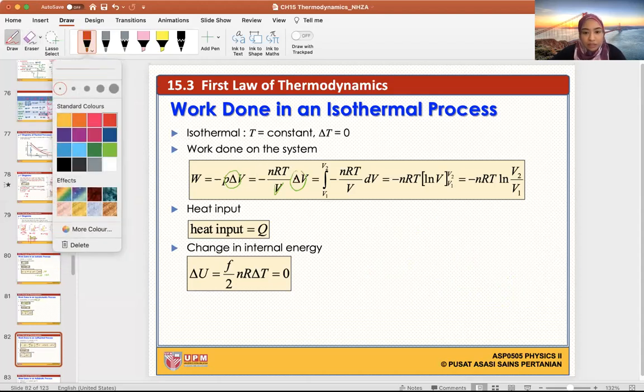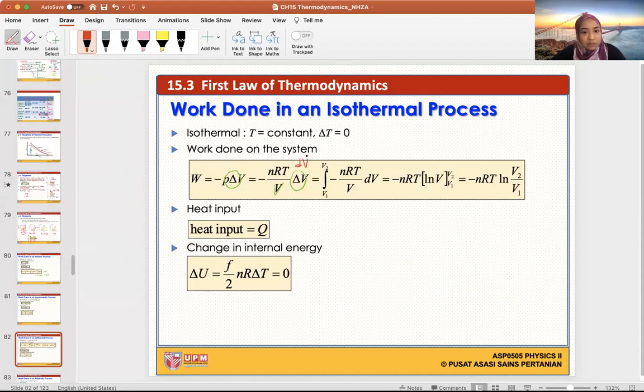So basically they put in the delta V over V, and then delta V can also be dV, which is in integration. So you are basically integrating nRT over V. Okay, you don't have to do it. So the final form is this guy. Minus nRT natural log V2 over V1 or V final over V initial.